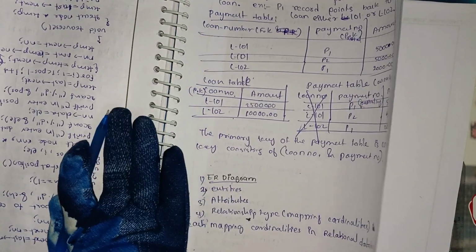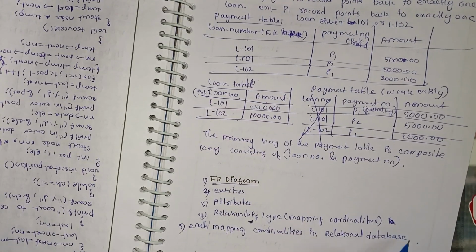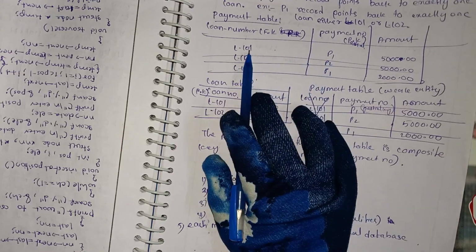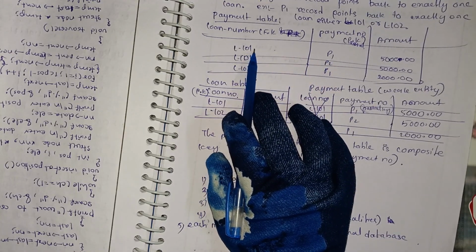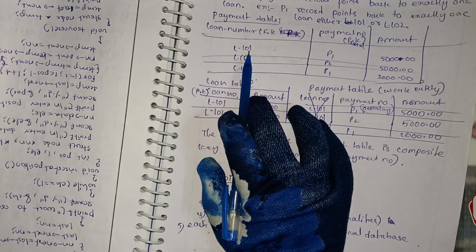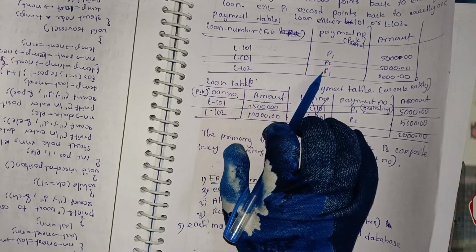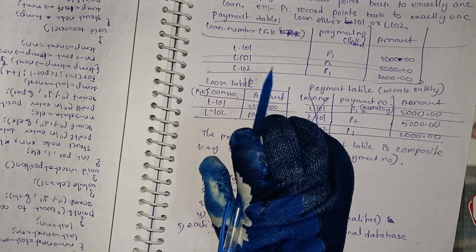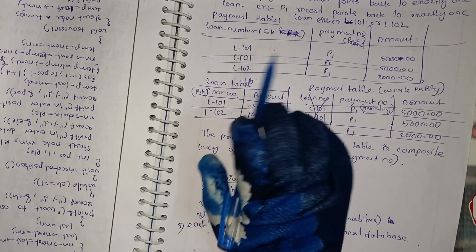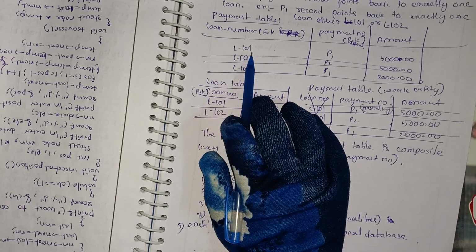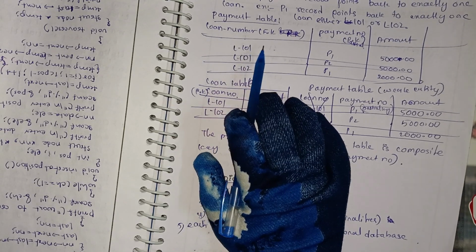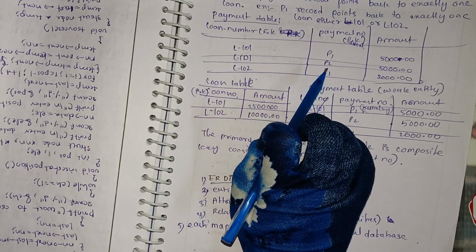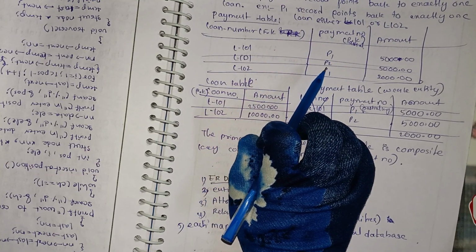And here the partial key property is also satisfied, that is each partial key value is assigned to a unique primary key value. P1 belongs to L101, P1 belongs to L102. If P1 belonged to L101 and P1 belonged to L101 again, then it would cause the same loan number linking to the same payment number, so it would cause redundant data.